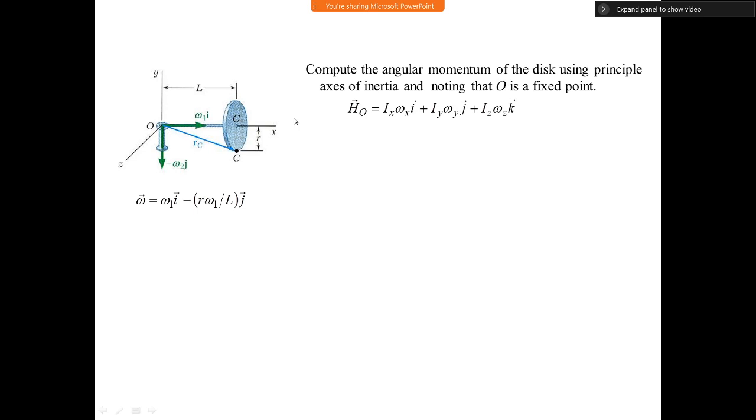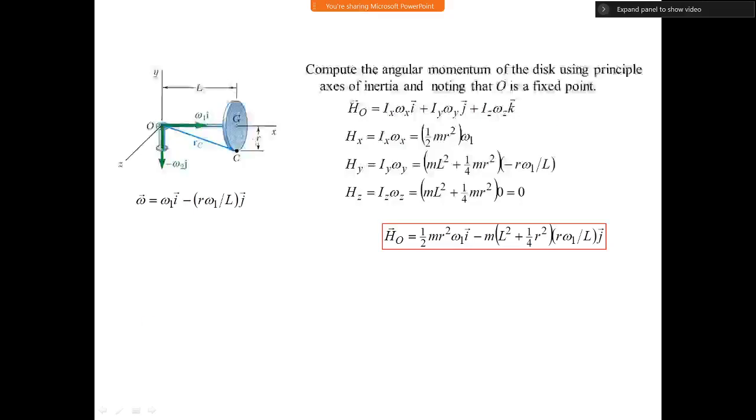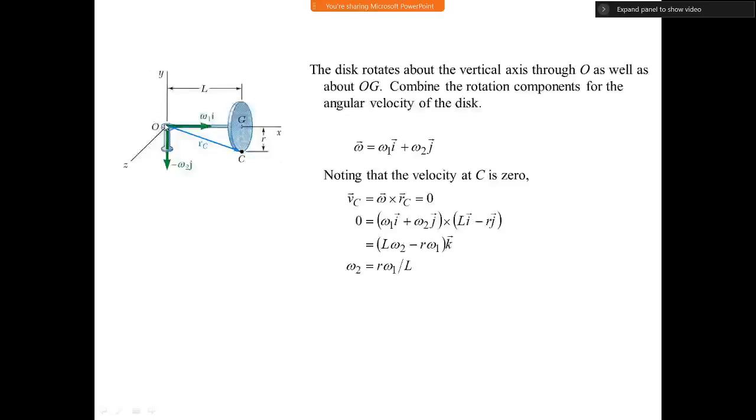we will write this. So this is the expression for angular momentum about point O, because it is a fixed point.